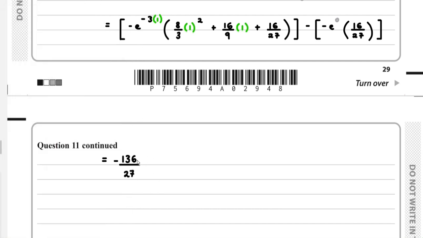So I've got minus 136/27 e to the negative 3. And then here I've got a negative and a negative which give a positive. E to the 0 is 1. So I add on 16/27. Therefore, the area of R is equal to negative 136/27 e to the negative 3 plus 16/27.